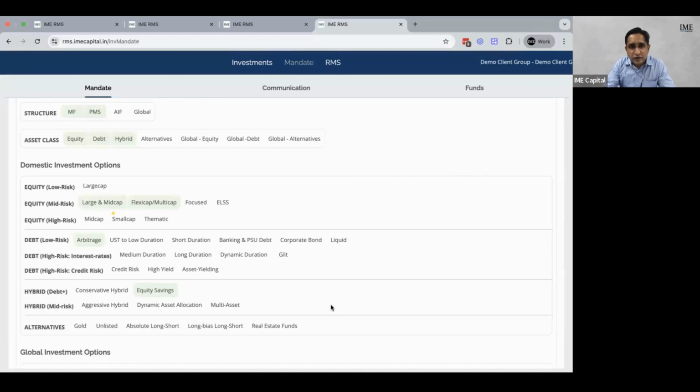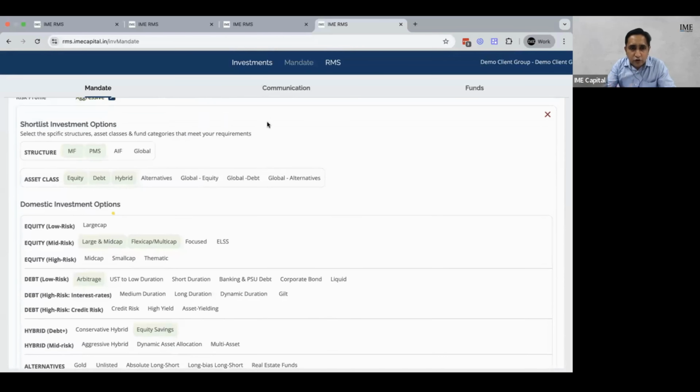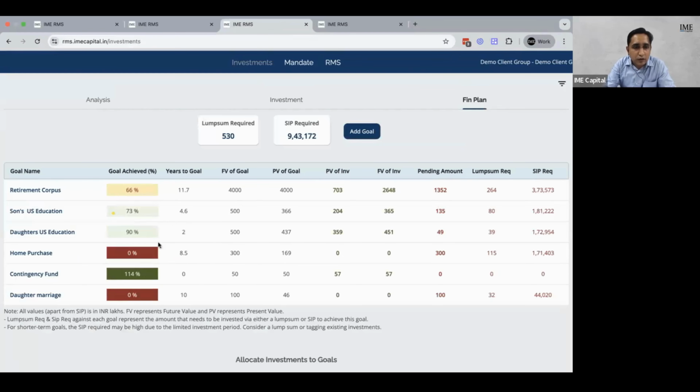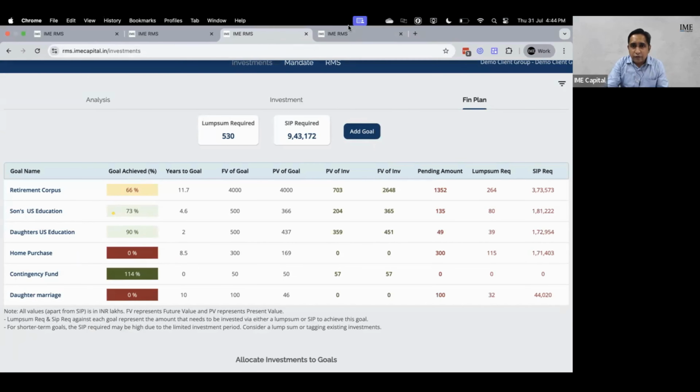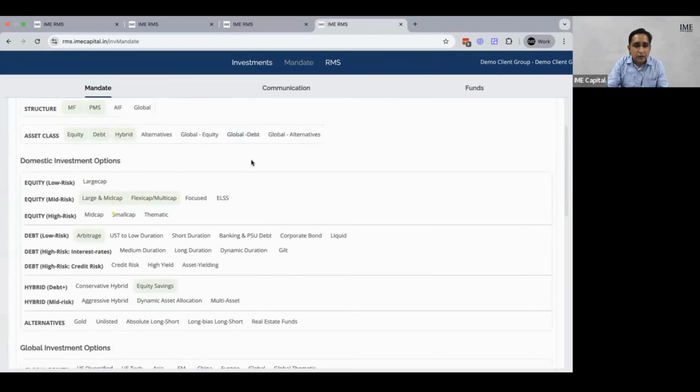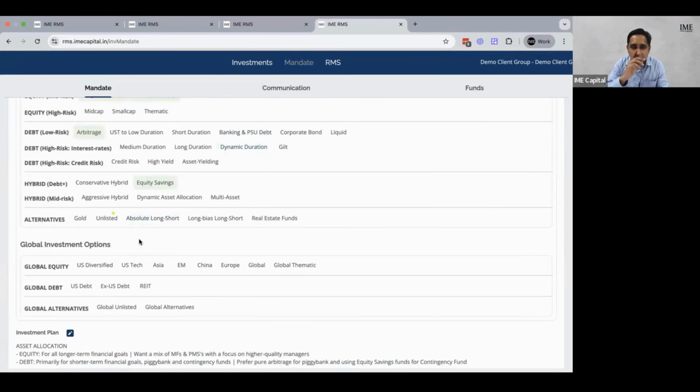Now, very often your financial plan may also come into account here. The investor, as you see, does have an aspiration of sending their child overseas, right? And the moment you have an overseas education, you are exposed to currency risk, and therefore perhaps a certain amount of global equity, right?